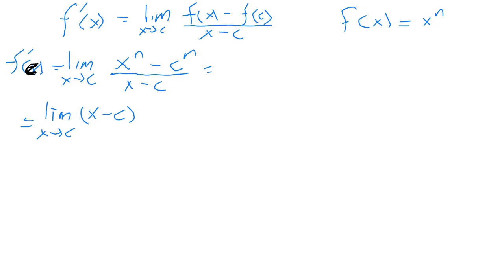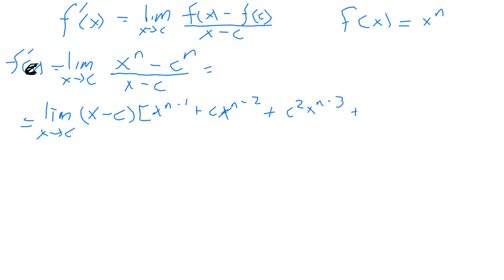So we're going to have the same things that we had before. We start from x to the n minus 1, and then you have c times x to the n minus 2, plus c squared, then x to the n minus 3, and so forth.